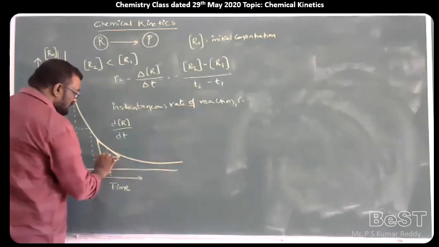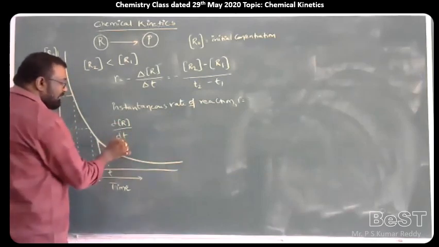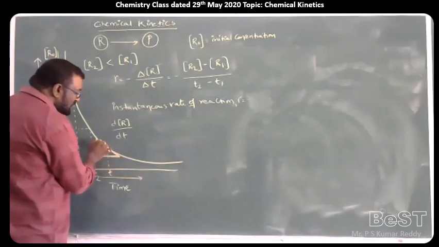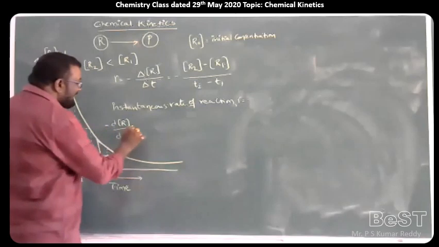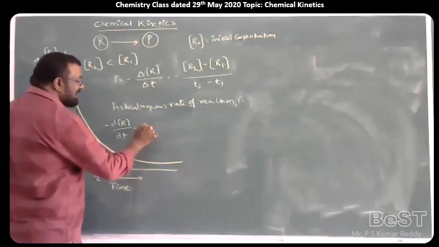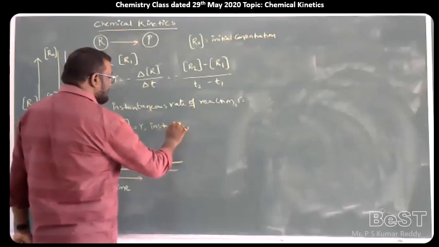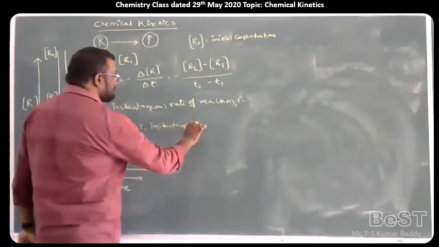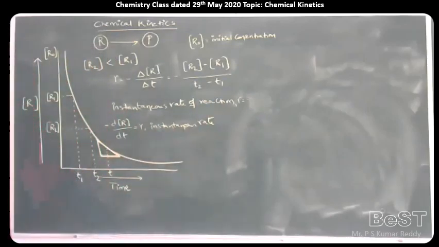So opposite side by adjacent side, dr by dt. And here it is showing a negative slope, so minus dr by dt. So minus dr by dt will give us the rate, that is, the instantaneous rate of reaction.